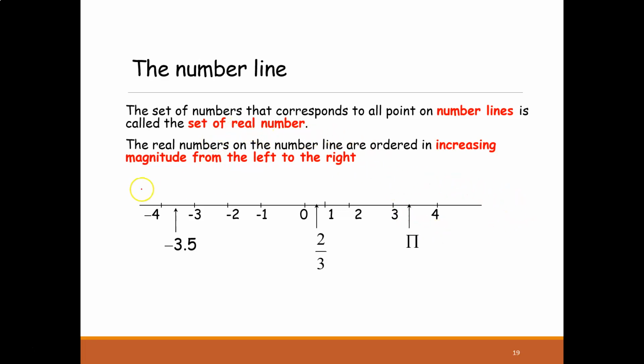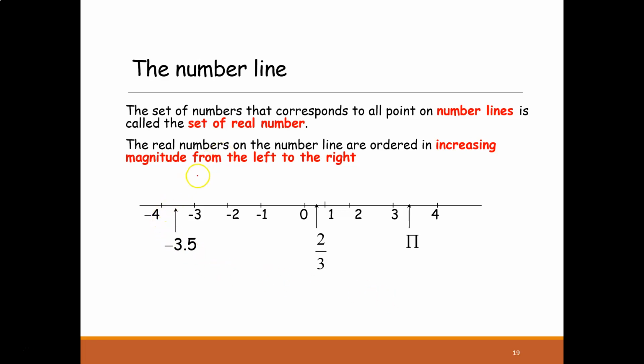So number line ni dia include all sets of real numbers. Real numbers apa tadi yang kita belajar? It includes negative numbers, which are integers, zero, and also natural numbers. So the whole thing is the number line, ataupun garis nombor.